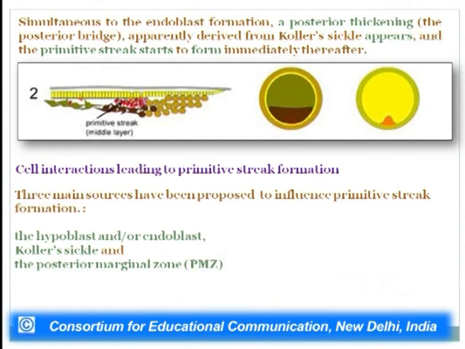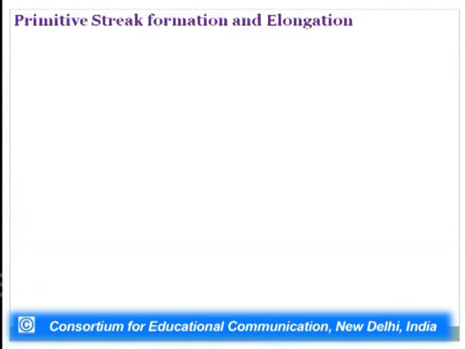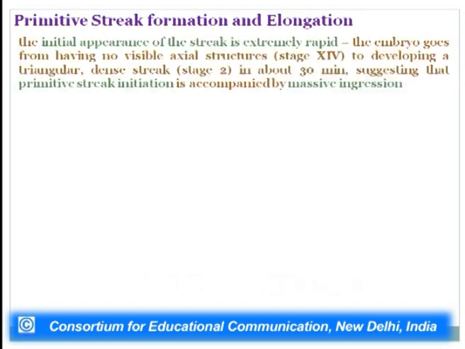So, the cells in these three locations, the hypoblast layer, the collar sickle layer, and the posterior marginal zone area, contribute to the formation of the primitive streak. Now we will follow the formation of the primitive streak and how it elongates.